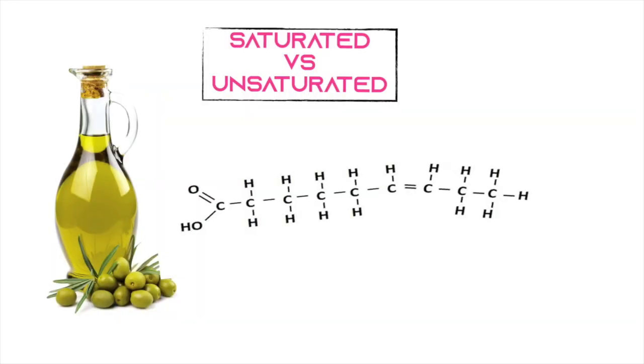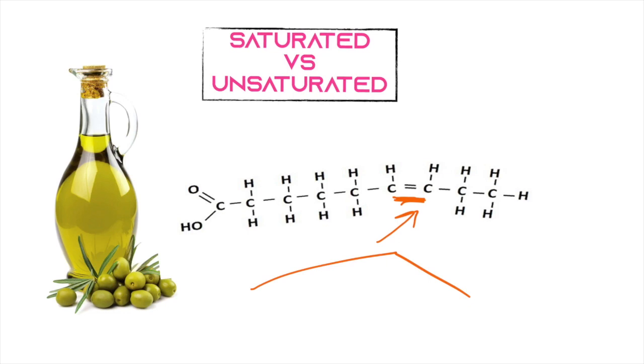Unsaturated fatty acids have at least one double bond between the carbons. So the presence of a double bond changes the shape of the fatty acid chains. Instead of being straight chains, unsaturated fatty acids tend to have a bent shape.